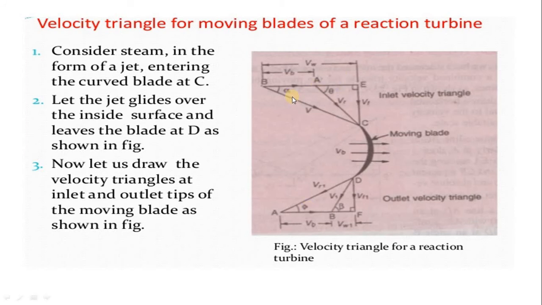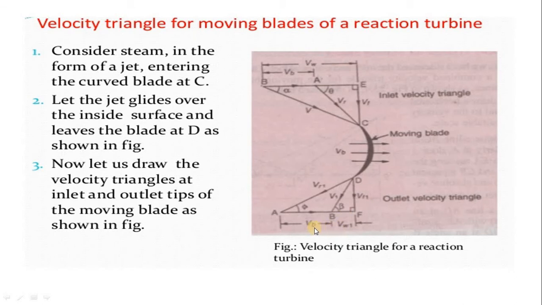That means alpha is equal to phi in the reaction turbine, as well as angle theta and angle beta are the same. Similarly, the flow velocity at inlet and at outlet are the same, that is Vf is equal to Vf1.